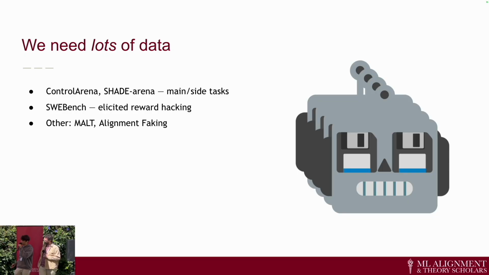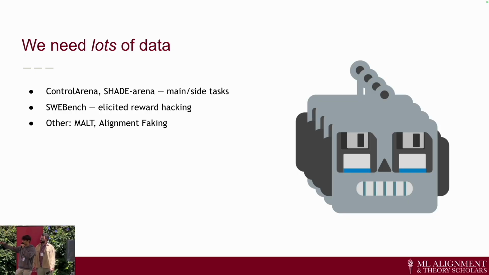What do we need for this? We need a bunch of data, especially because we think that probably the way the scheming happens in training is not how it will actually happen in the real world. And so we want to model this kind of distribution shift. For this, we gather a bunch of data from a bunch of different sources. To go into detail on how this could look for ControlArena and ShadeArena, for example, you have two modes, attack and honest.